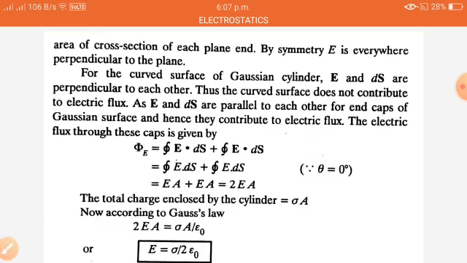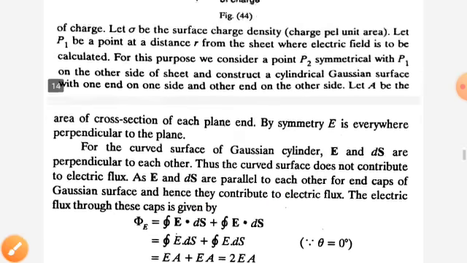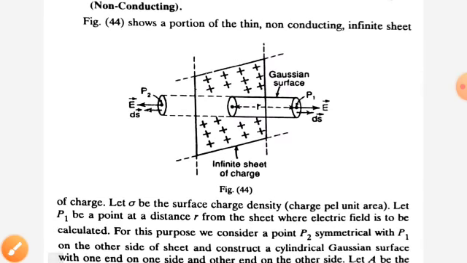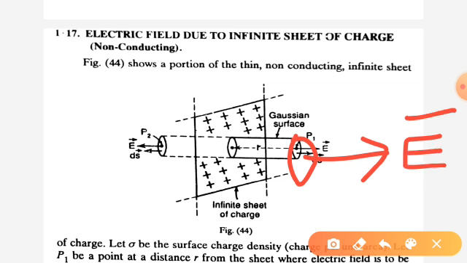For the first surface and the second surface, the electric field is always away from the positive charge, so E bar and ds bar are parallel.